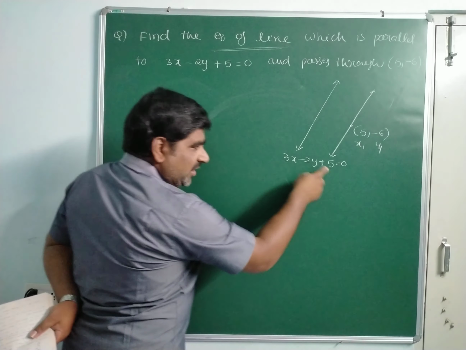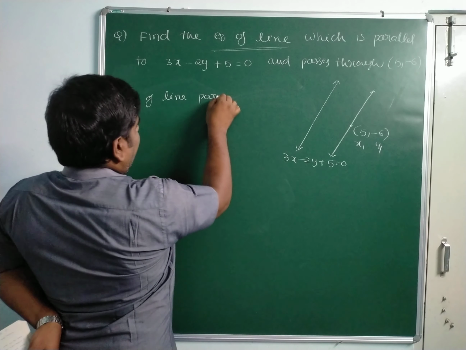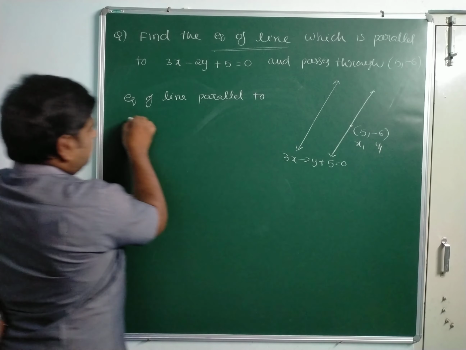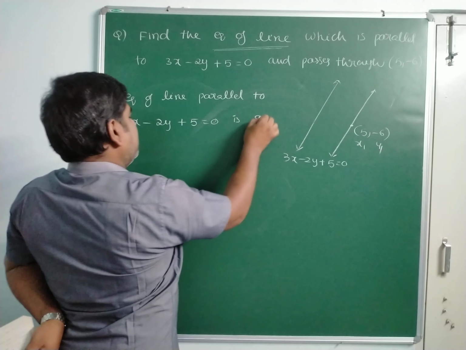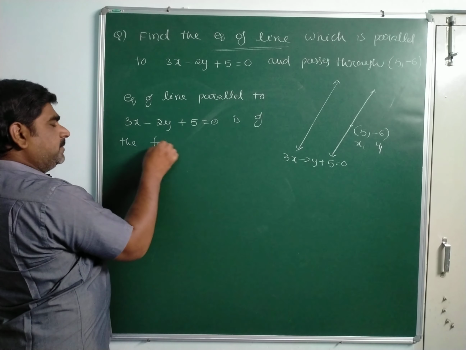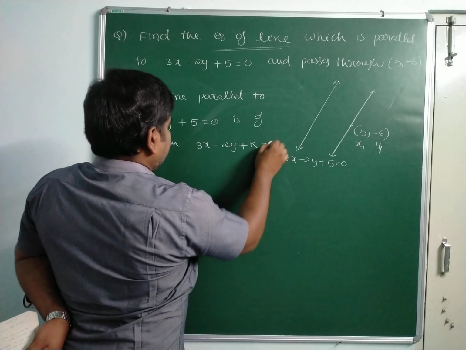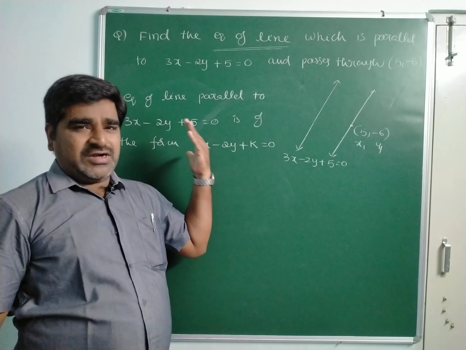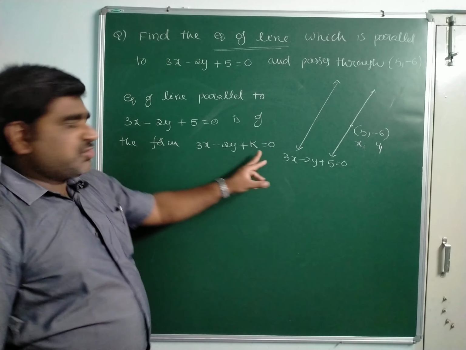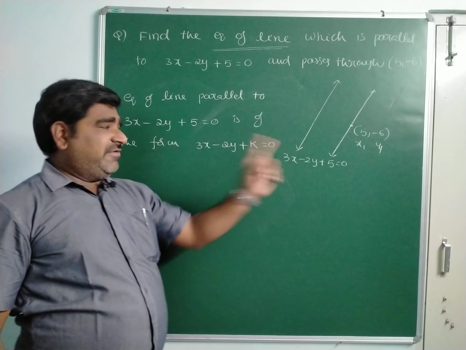The equation of a line parallel to 3x minus 2y plus 5 equals 0 is of the form 3x minus 2y plus k is equal to 0. If you don't know, see the last session, straight lines part 3. So 3x minus 2y plus k is equal to 0 is the equation of a straight line parallel to 3x minus 2y plus 5 equals 0.